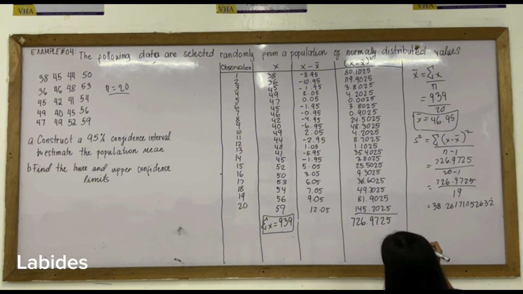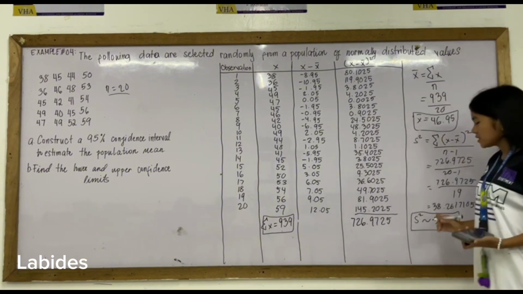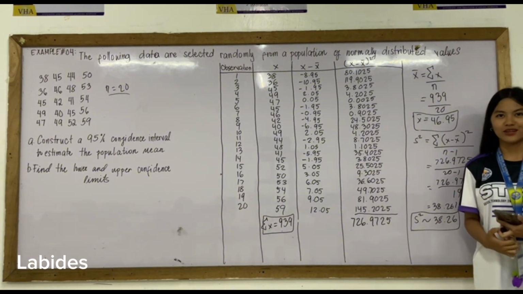So our sample variance is approximately 38.26. We use approximately because the answer is not exact, it's rounded.